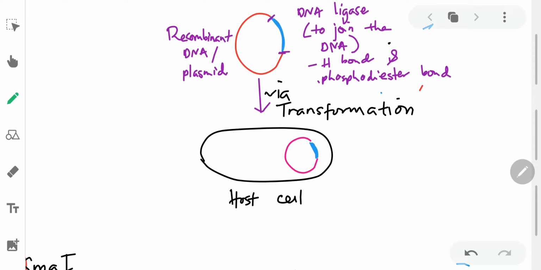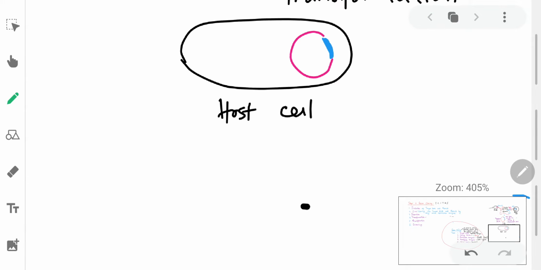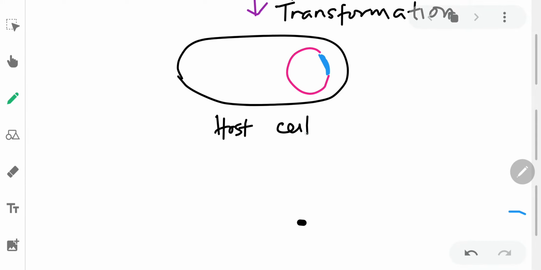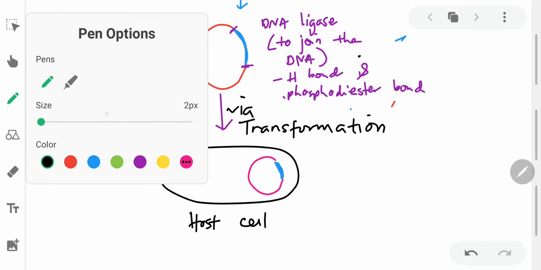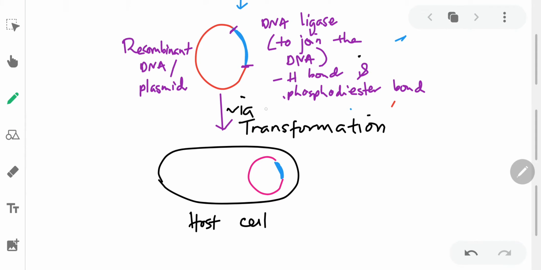Macam mana detail proses itu kita tidak perlu belajar sebab tidak ada dalam silibus. Okay, via transformation. Now, this is our host cell. And inilah step number 4.